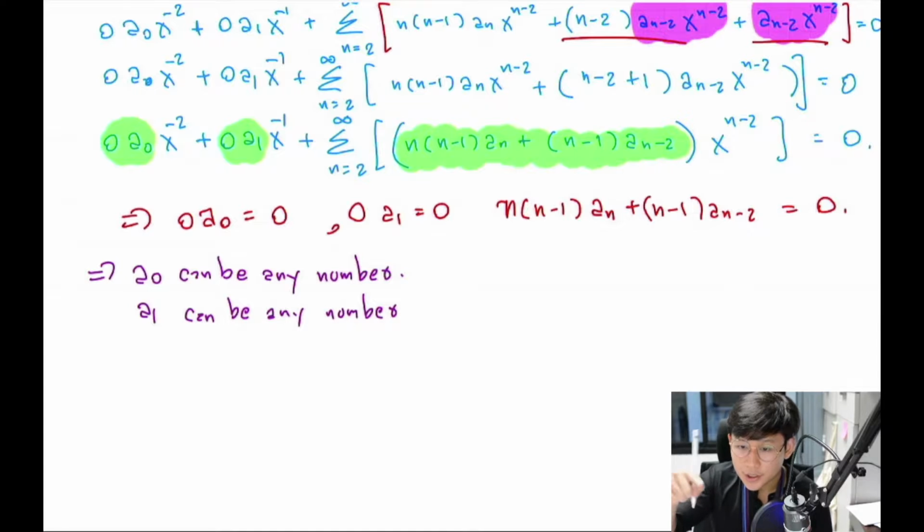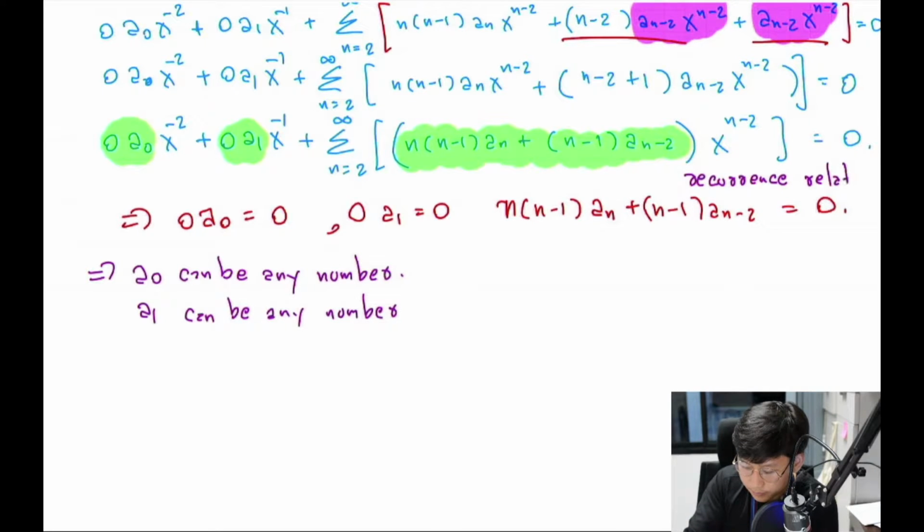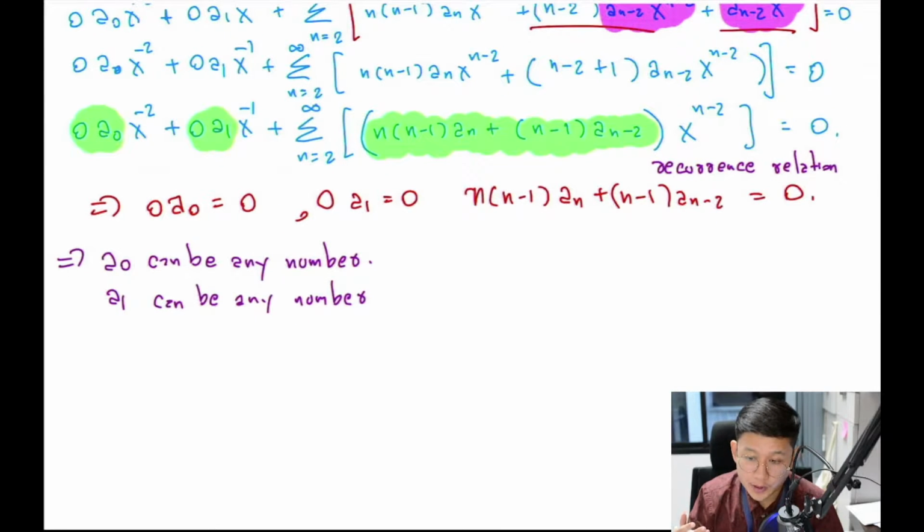And here we have the condition, and this condition is called a recurrence relation. It means that you can find a_n by a_{n-2}. To write it more explicitly, I'll move this term to the right hand side.